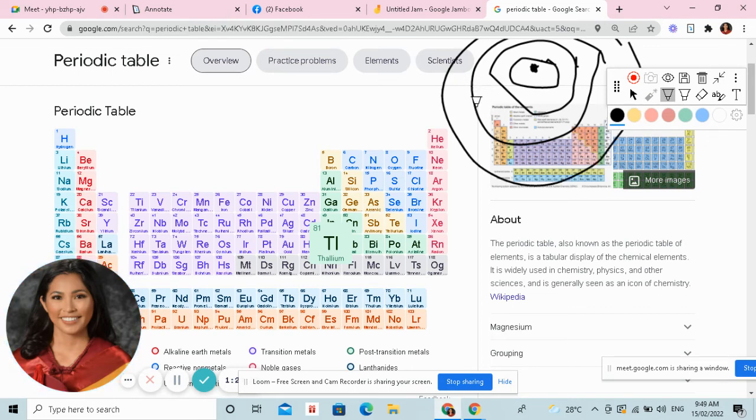It also has subshells: S, P, D, F. Now, the valence electrons are the farthest electrons. If you are the farthest from the nucleus, your attraction to the nucleus is small.